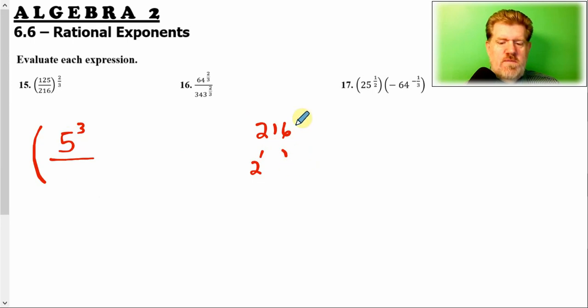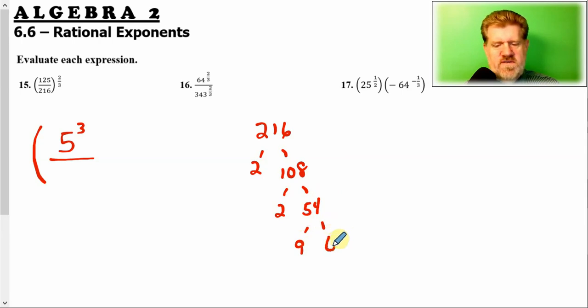So half of 216 is 108. And let's see, a 2. Yeah, so 54. And a 54 would be, what do we got? 9 times 6, right?